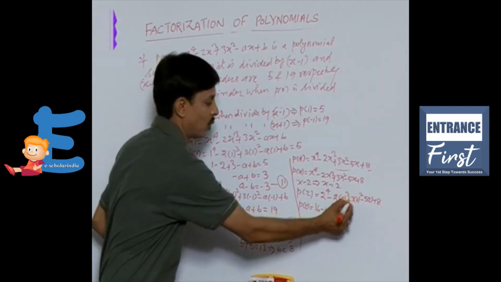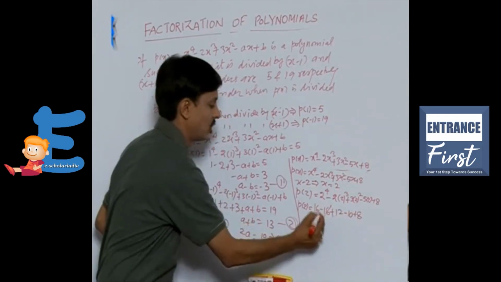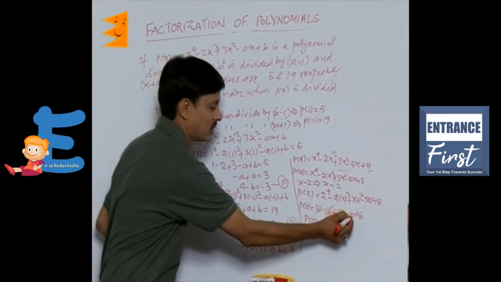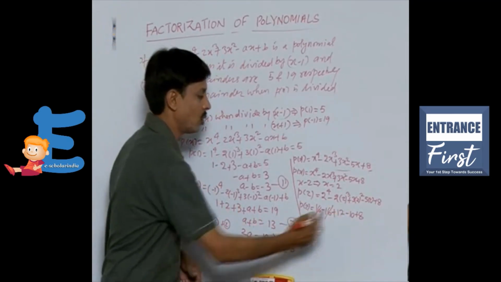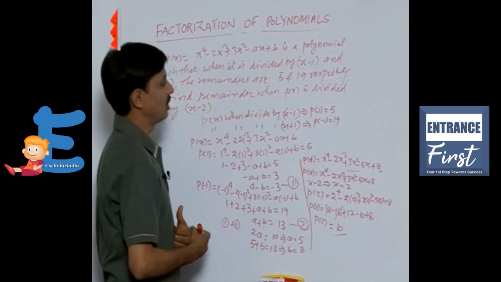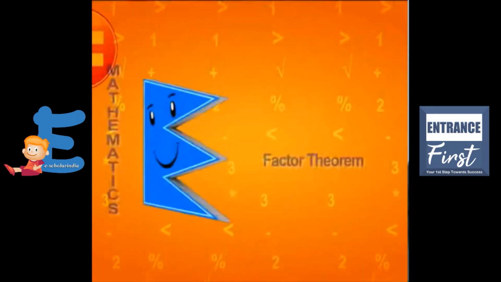Sorry, this is 2 2 are 4, 3 4s are 12. This is minus 10 plus 8. 16 and 16 get cancelled. P of 2 becomes 12 minus 10, this is 2, 2 plus 8, 10. Hence the answer when this is divided by x minus 2, the remainder is 10.